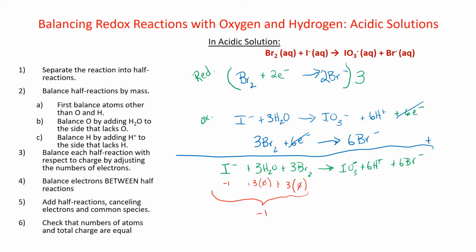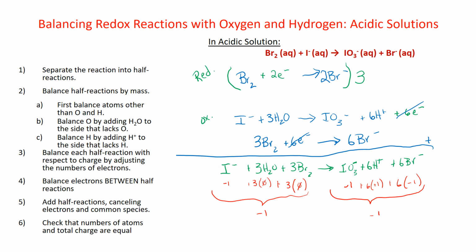On the right-hand side, I have a -1 for that iodate, just pulling down the charge. Plus, I've got 6 of those +1 hydrogen ions and 6 of the -1 charge on that bromide ion. Well, if we add all of those terms together, it also ends up giving us -1. So we're charge balanced as well. We've got the same charge on each side of that arrow.